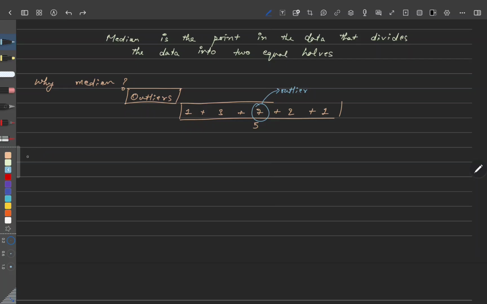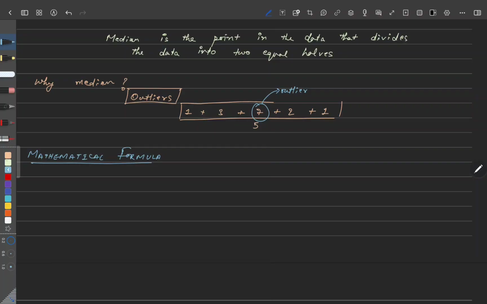chose the wrong color. So mathematical formula. It's not really a defined formula, it is a process as such.